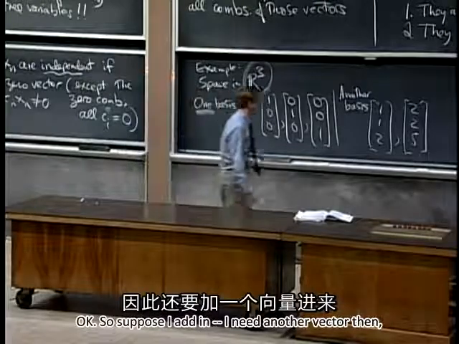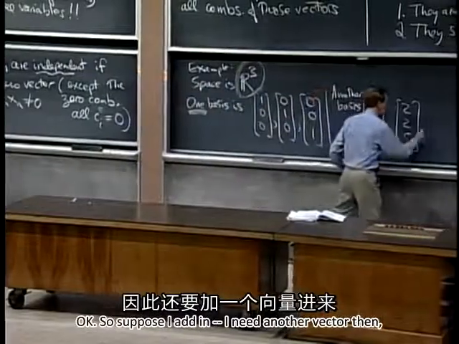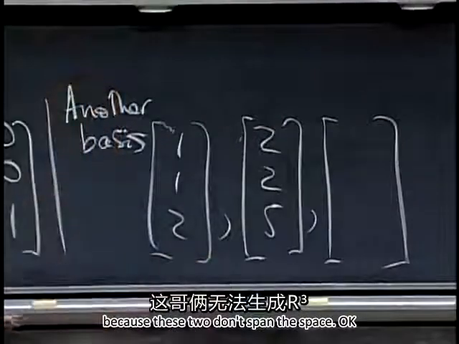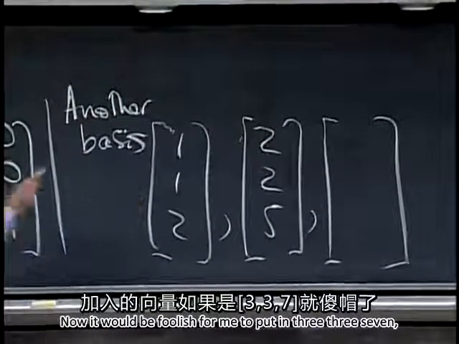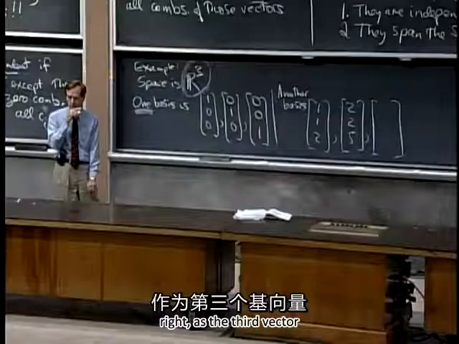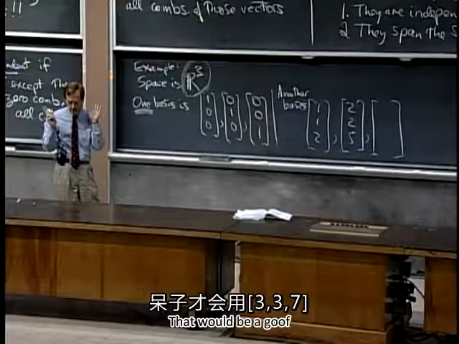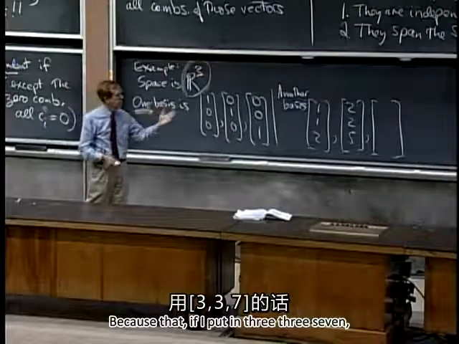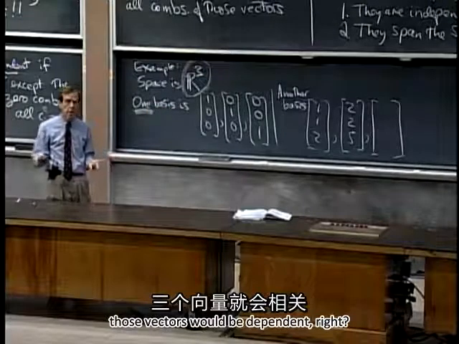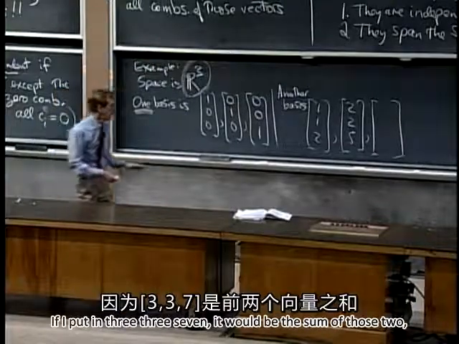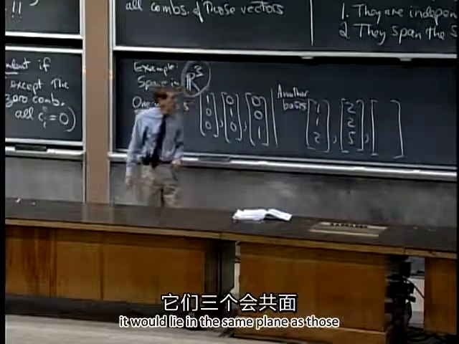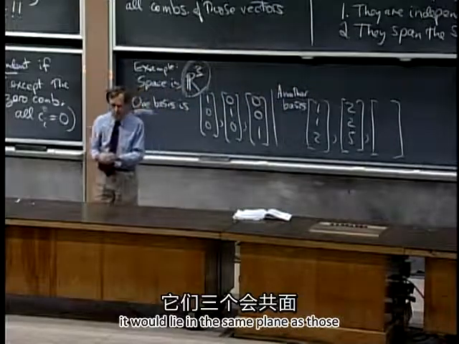Okay, so suppose I add in another vector then, because these two don't span the space. Now it would be foolish for me to put in 3, 3, 7 as the third vector. That would be a goof, because those vectors would be dependent. 3, 3, 7 would be the sum of those two. It would lie in the same plane as those.